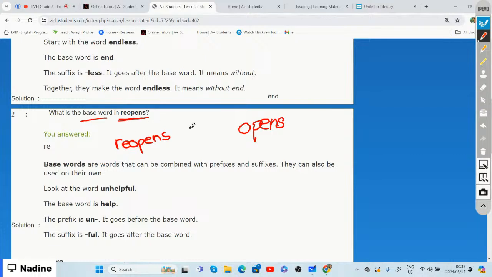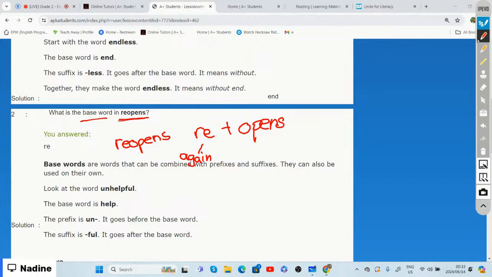And what did we say re means? And we said re means again, right? This means that we are opening something again. We open again. That is what reopen means.